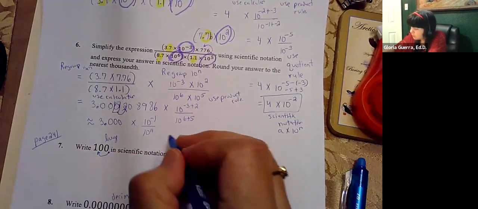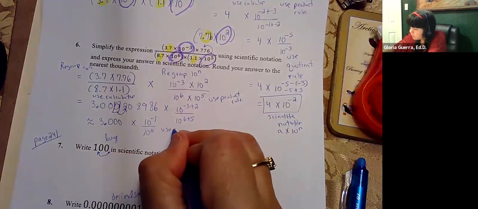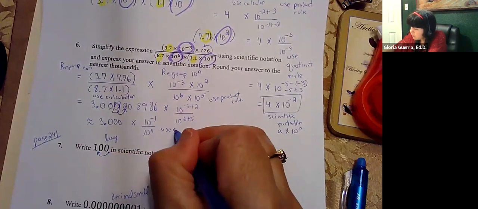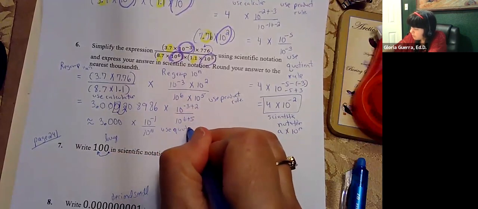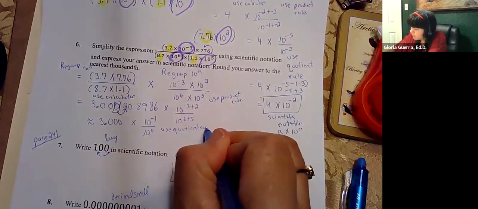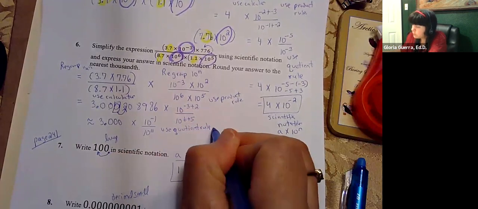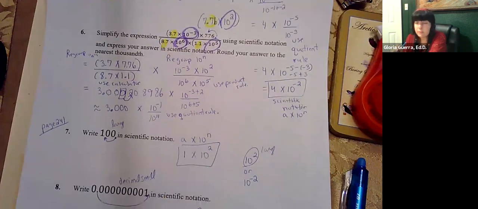Okay, so now I'm going to use the quotient rule. So I'm going to subtract top minus bottom, top minus bottom.